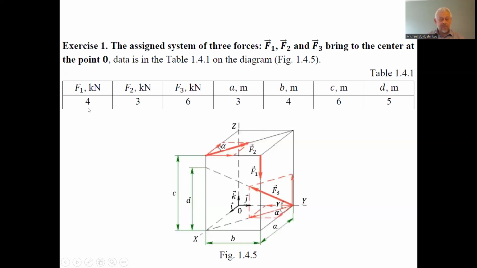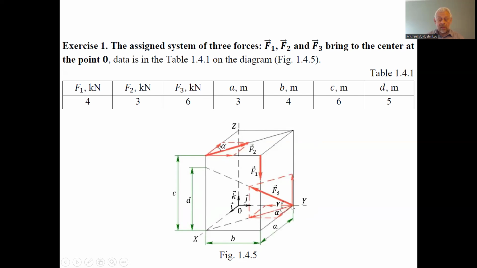Force F1 is this force, 4 kilonewton. F2, 3 kilonewton, directed along the diagonal of the upper plane of this parallelepiped of the projections. F3, 6 kilonewton, applied in this direction.